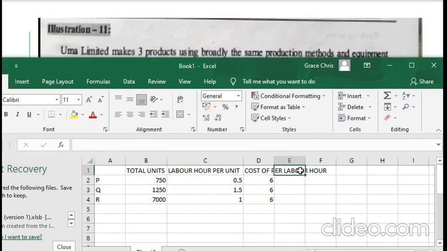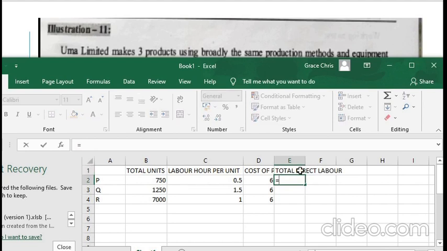So we will calculate our total direct labor cost. To calculate your total direct labor cost, based on what they have given in your question, first 750 units into labor hours for 1 unit of 0.50 will give you 375 hours.